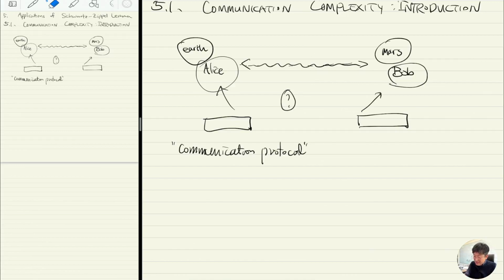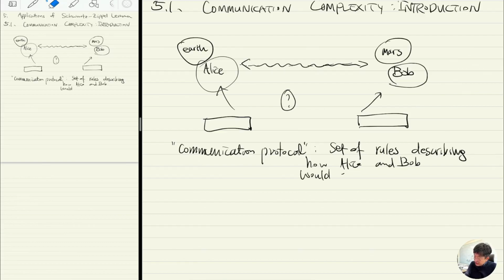So this is a set of rules describing how Alice and Bob would exchange information in what order.